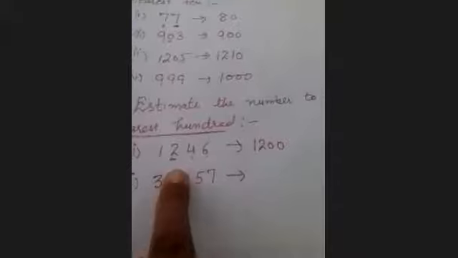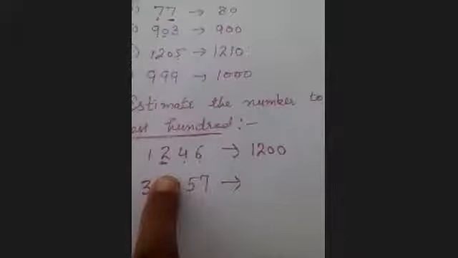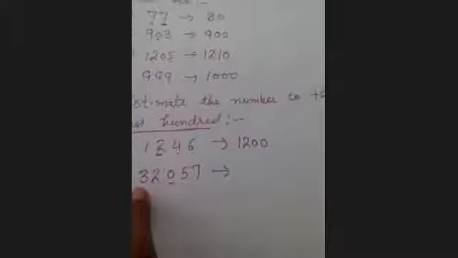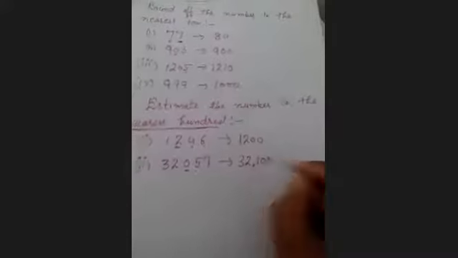Put your finger on this one and observe the next number, which is 5. So the value will be 32,100.